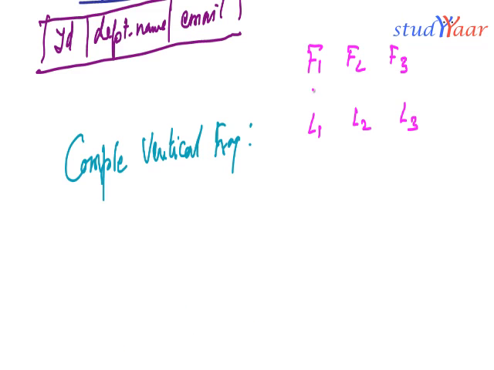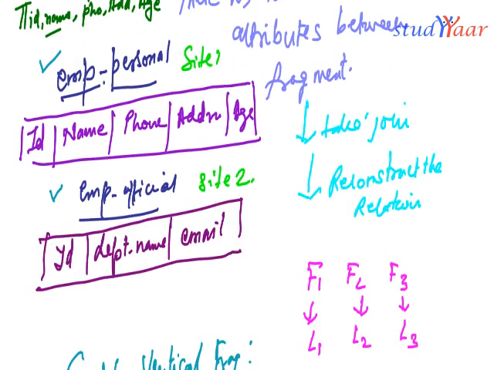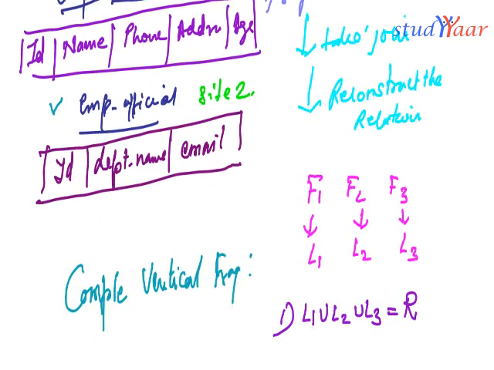F1 has attributes L1, F2 has attributes L2, and F3 has attributes L3. Then this fragmentation is complete if I have L1 union L2 union L3 is equal to my relation, that is, the union of all these attribute lists is equal to the entire attributes of the relation itself.